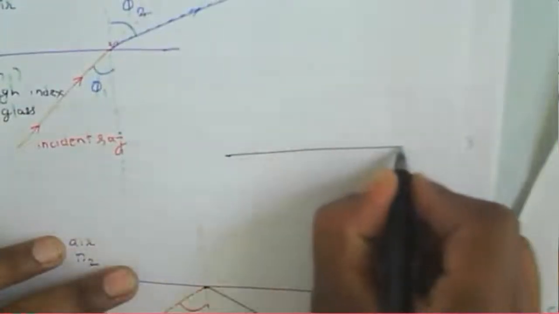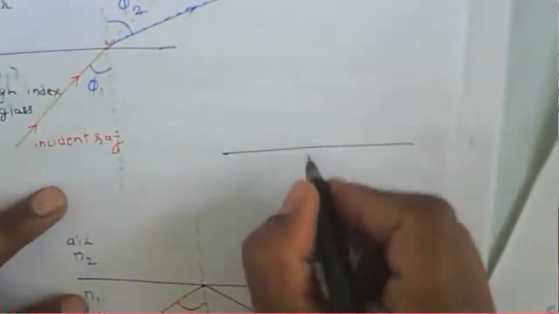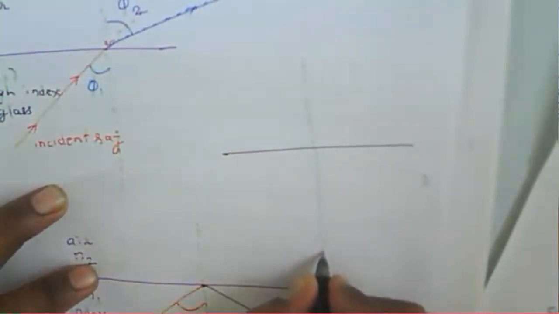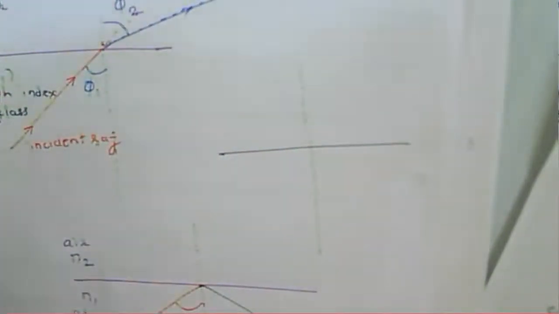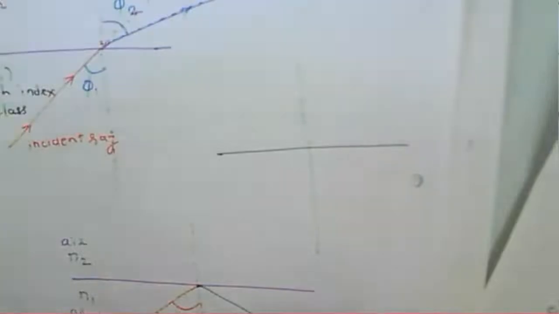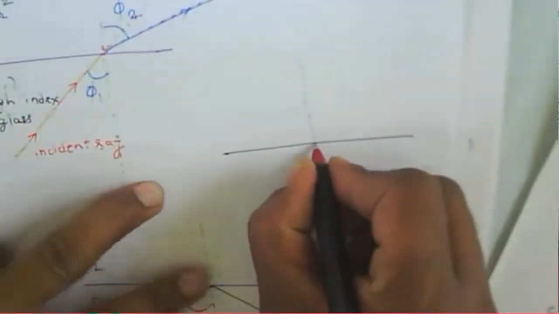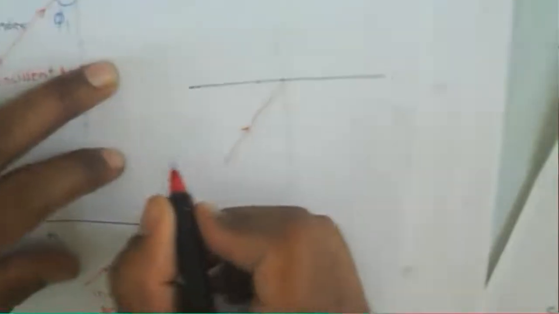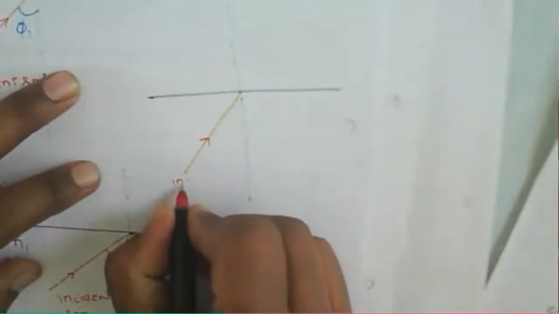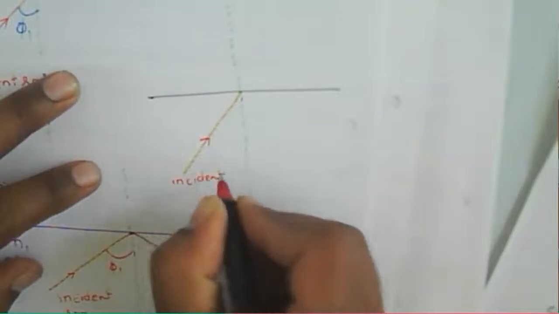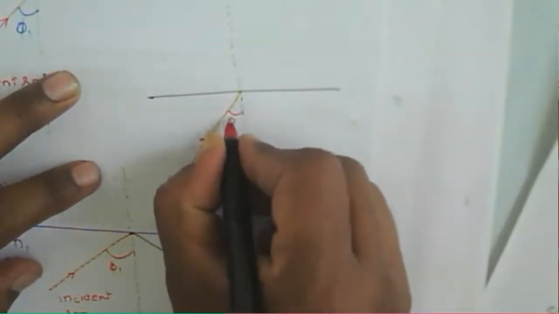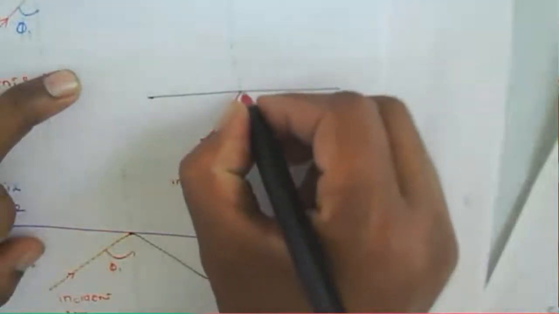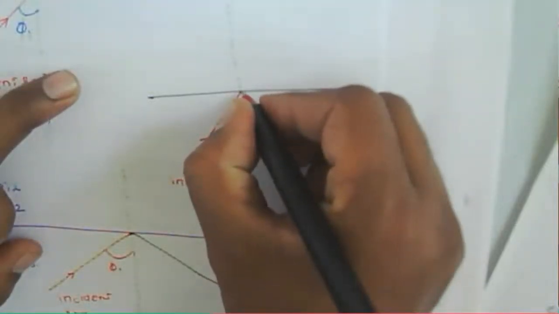Now I will simply draw these three rays again. I'll draw a normal now. In one diagram, I will explain everything here. This one is your incident ray, with angle phi.